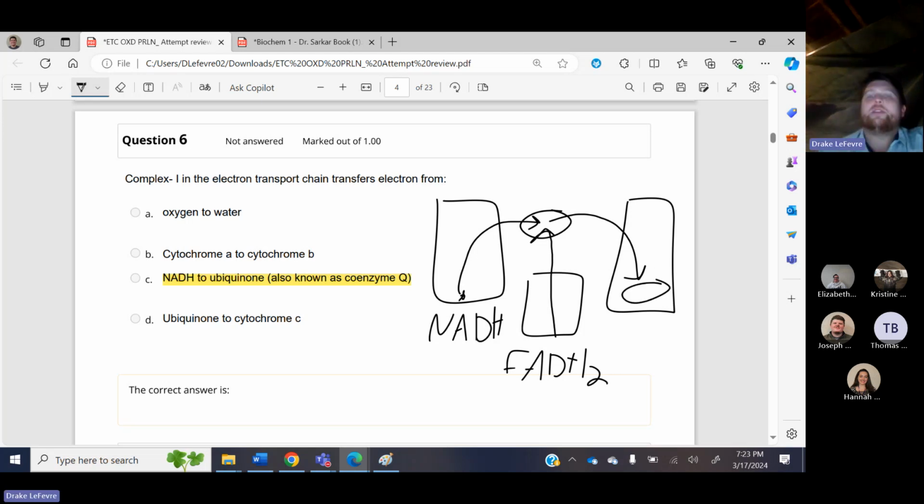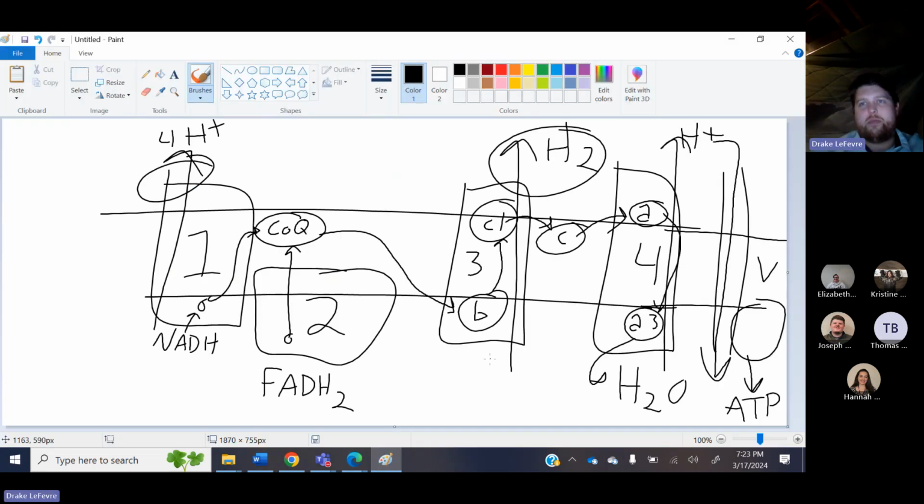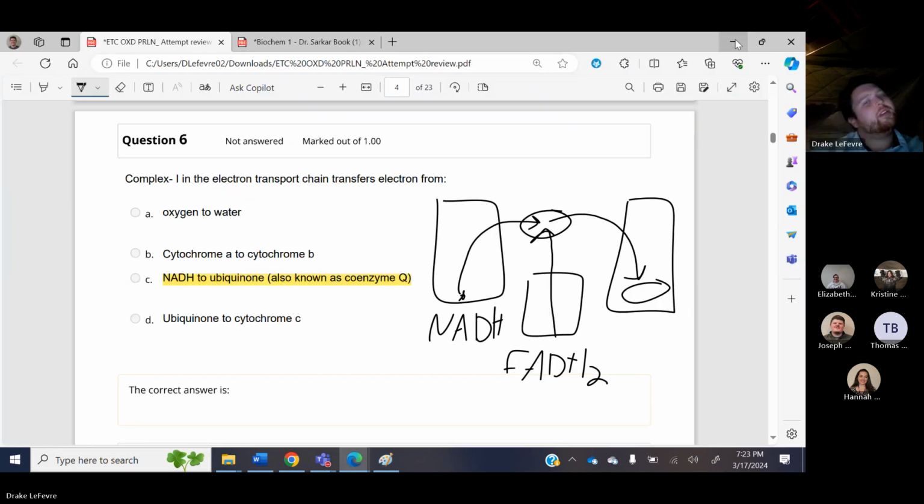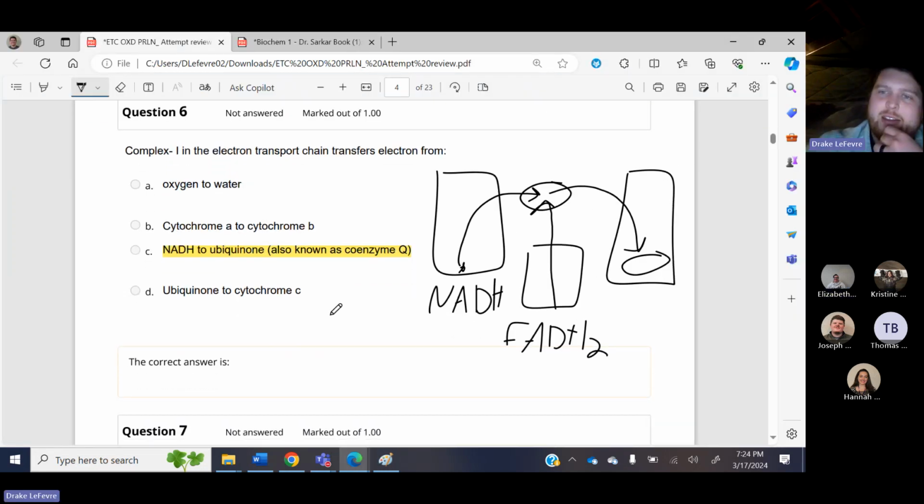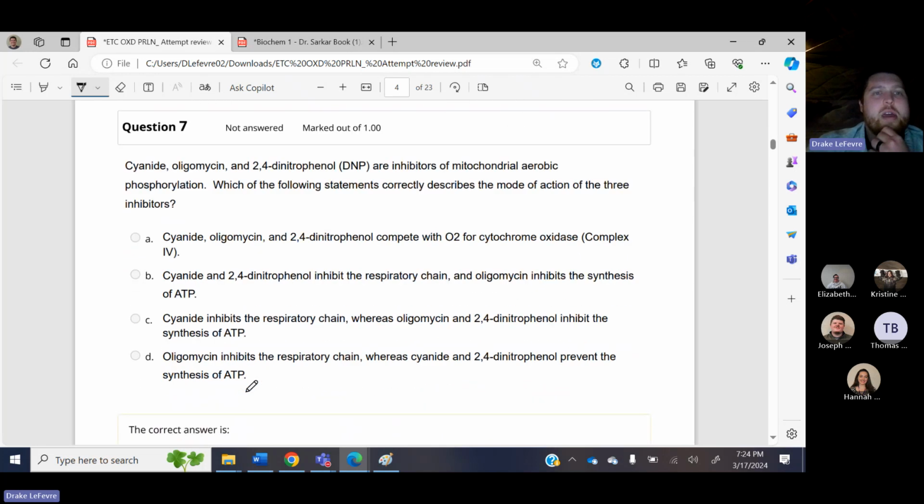Specifically in complex 3, where does it go first? What's our cytochrome? Cytochrome B, perfect. The more times we review that, the more times I make you think about it, the easier it's going to be to remember later on.